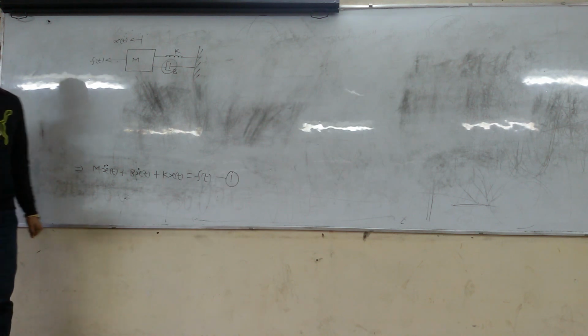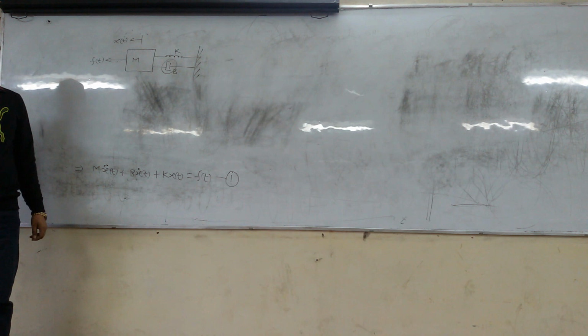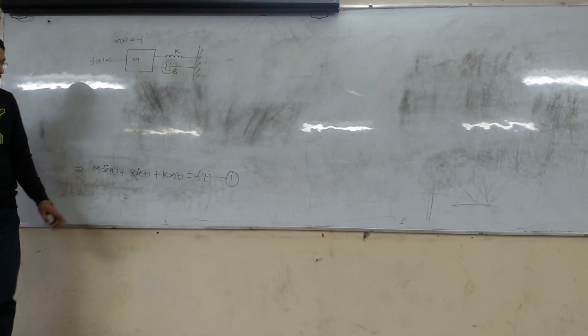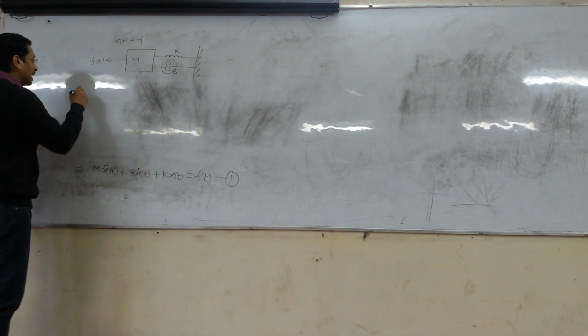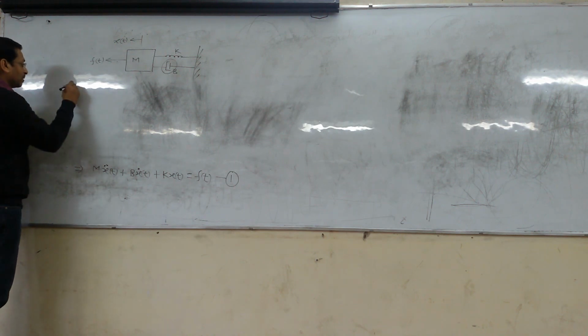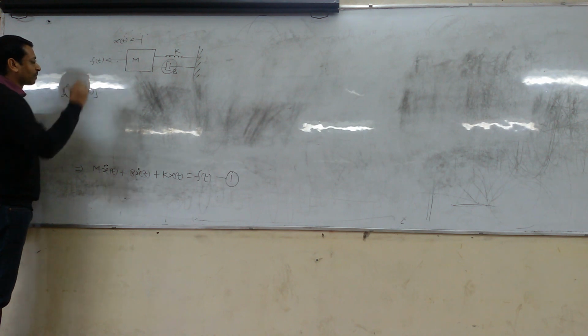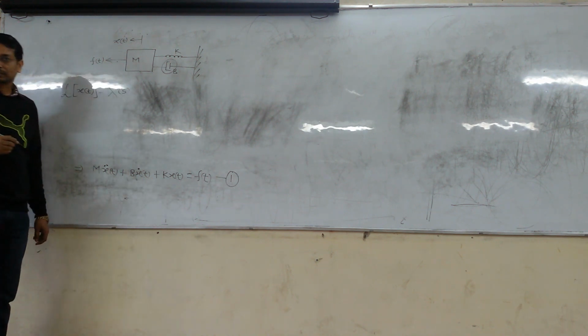You know that the Laplace transform of any time varying signal is denoted by the corresponding capital letter. Suppose here your position is there. So the Laplace transform of this x t will be equal to what? Capital X s.